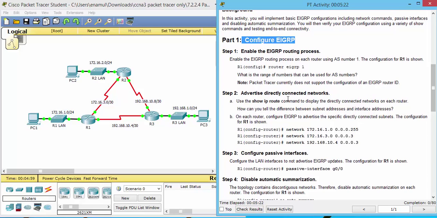First, enable the EIGRP routing process. Enable the EIGRP routing process on each router using autonomous system number 1. The configuration of R1 is shown. So let's go to R1.